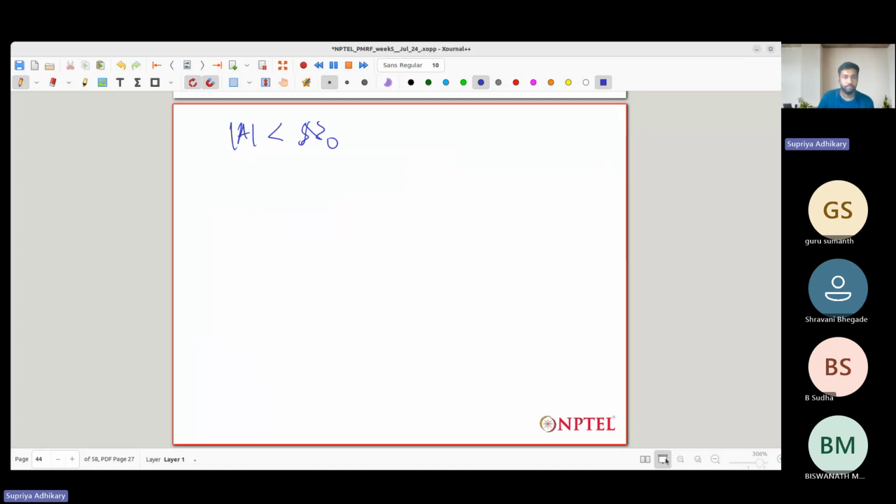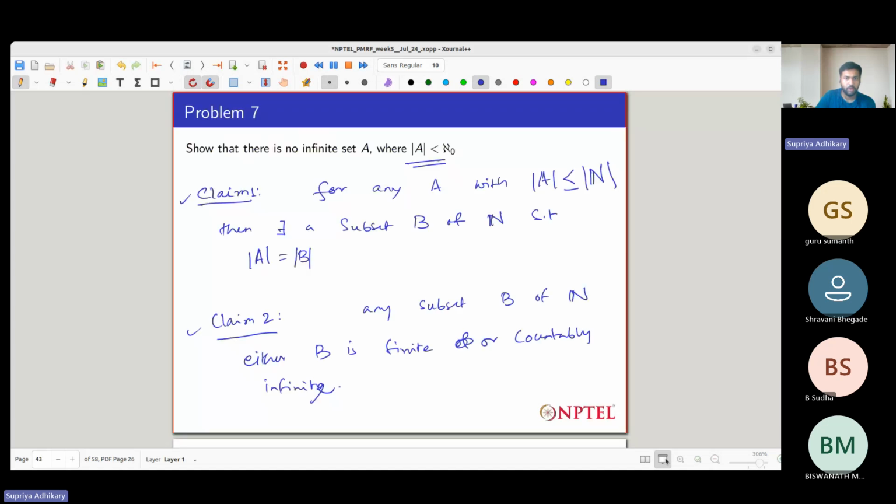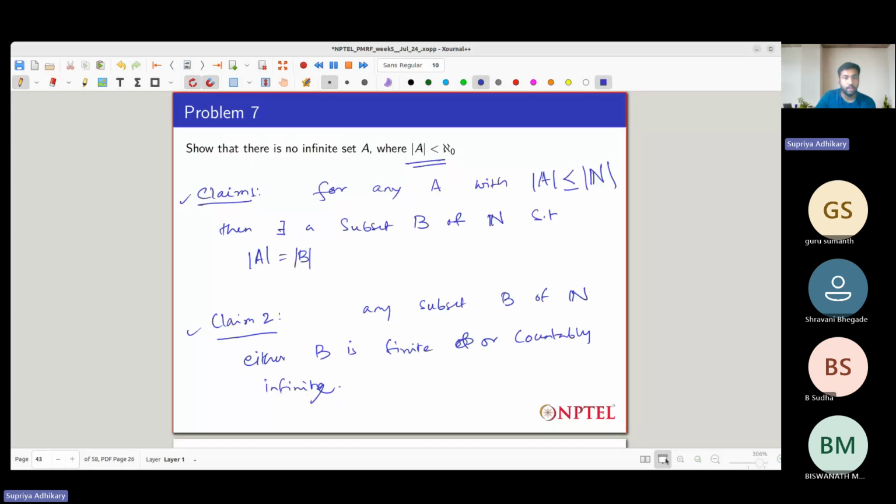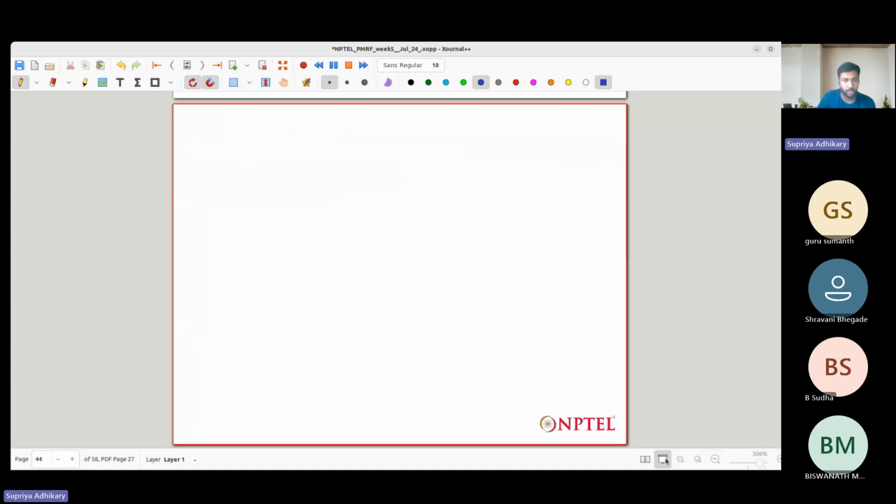Oh, sorry. So first, basically, we have to put these two claims. Then we will put the theorem. Okay. So the first claim is that for any set A with this property, we are considering this arbitrary set A.